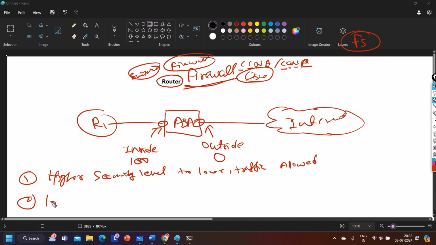And the second behavior: from lower security level to higher security level, traffic is not allowed. Getting my point?